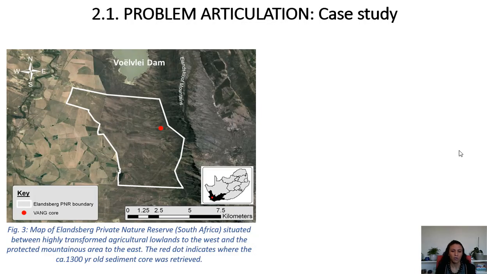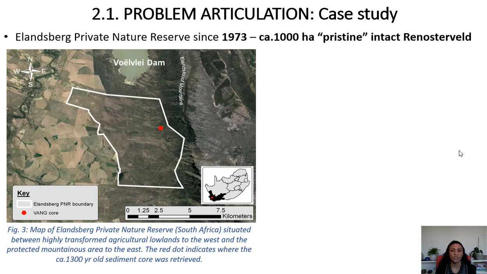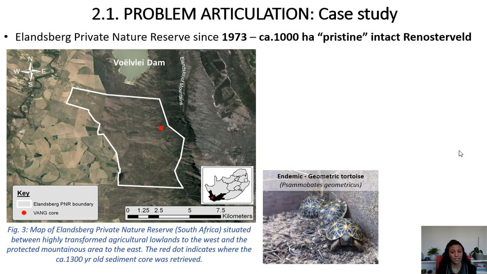So let's articulate the problem in terms of the case study. Elandsberg Private Nature Reserve has one of the largest areas of pristine and intact renosterwald in the region. It was originally declared a nature reserve in 1973, for the protection of the geometric tortoise, which is also only found in this region.